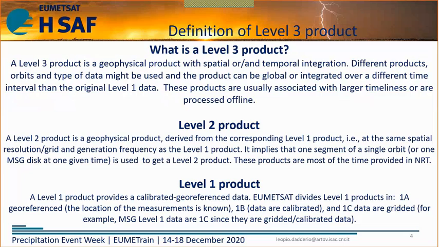So EUMeTrain divides the level 1 products into 1A, which is georeferenced, meaning that the location of the measurements is known; 1B, where the data are calibrated; and 1C, where the data are gridded. So, for example, the Meteosat Second Generation level 1 data are 1C because they are both gridded and calibrated.